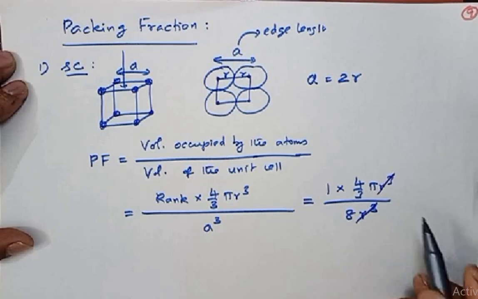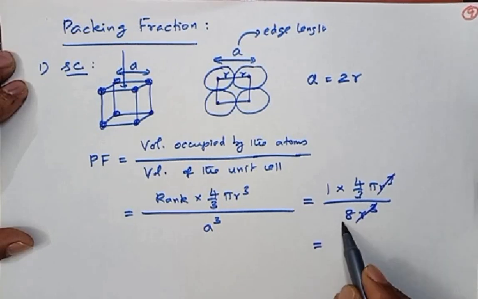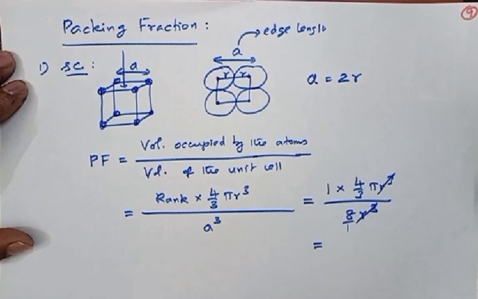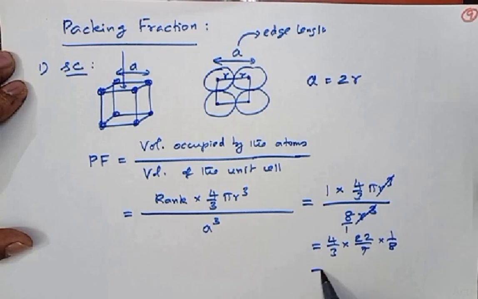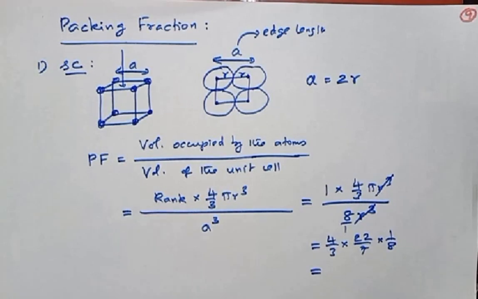R cube cancel each other. If I bring it to multiplication, we get 4 by 3 into 22 by 7 into 1 by 8. If you simplify this, you will get a value which is roughly 0.52 something.